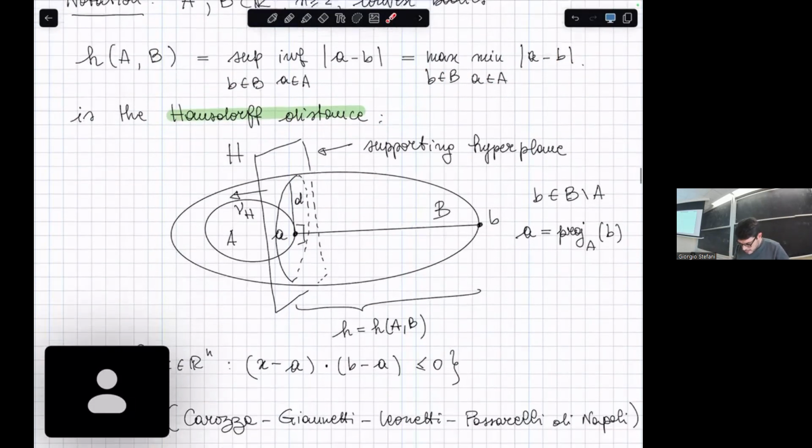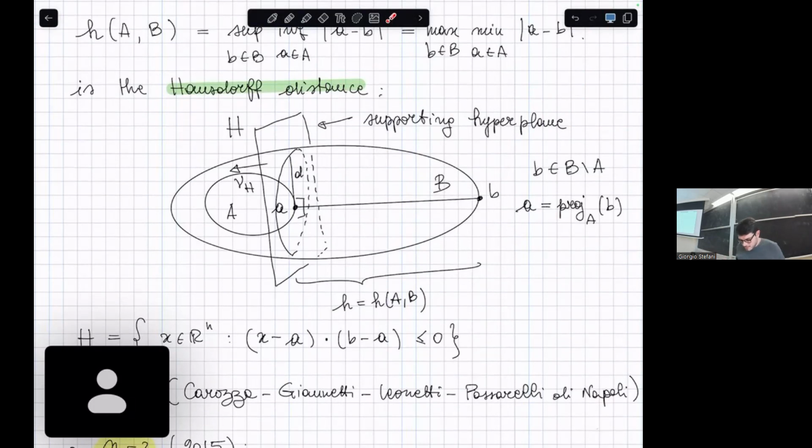So here is the picture. Again, the two potatoes, one inside the other. The Hausdorff distance is the distance between these two points, which we call a and b.